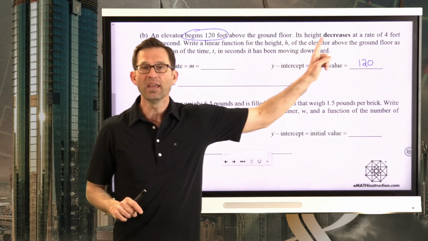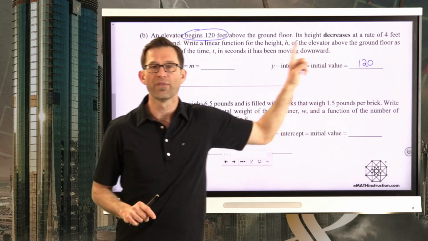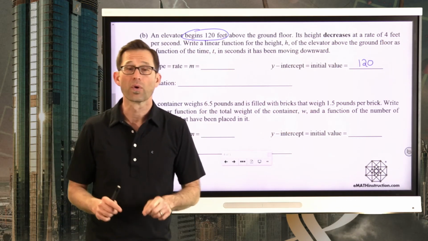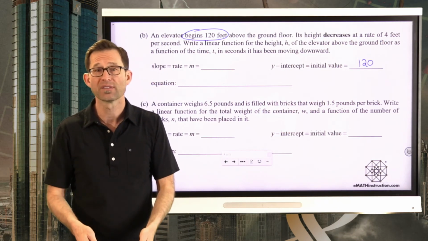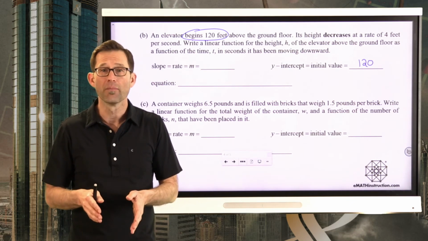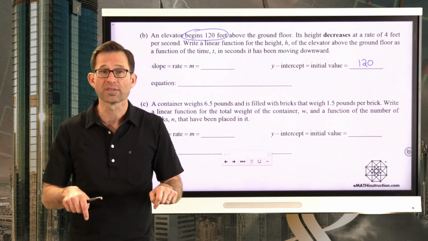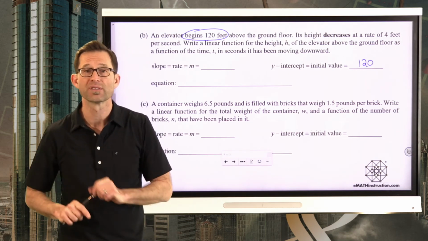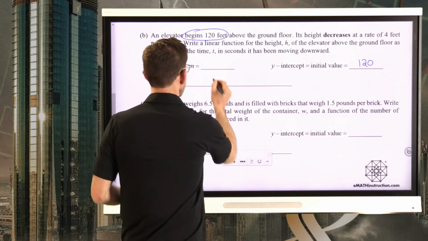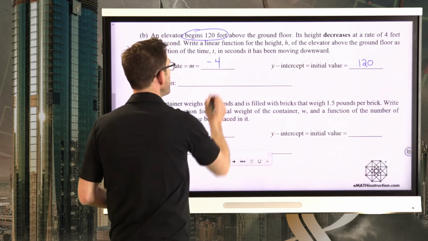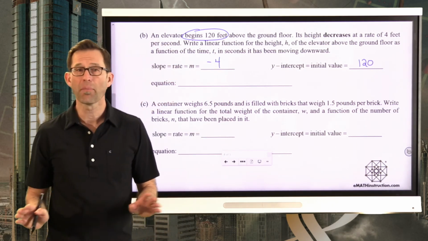The height decreases at a rate of 4 feet per second. In other words, we're going down on this elevator, and the y variable, or in this case, h, is going to decrease as time increases, so the rate must be negative. The rate is -4, right? It's not +4.